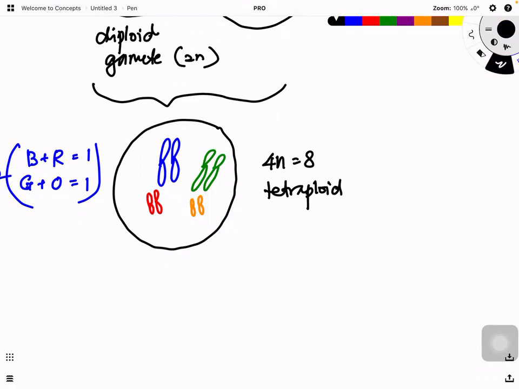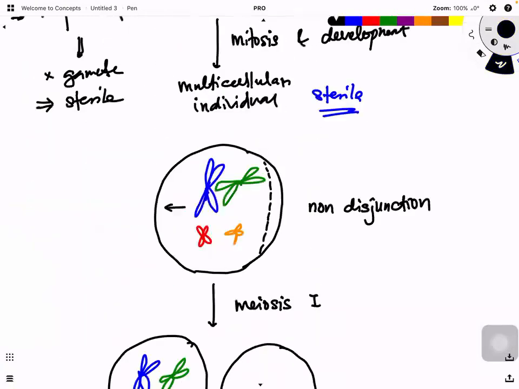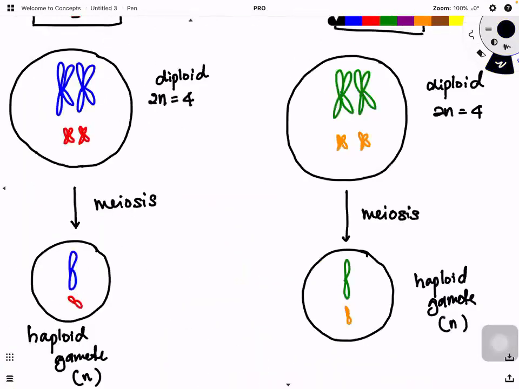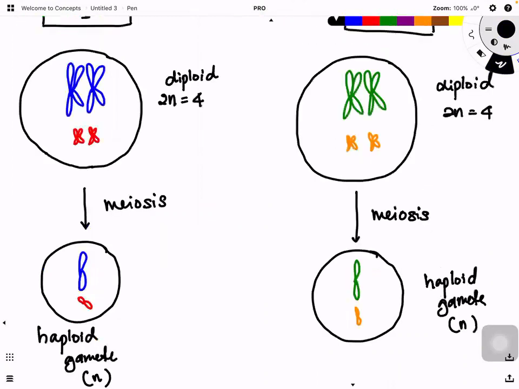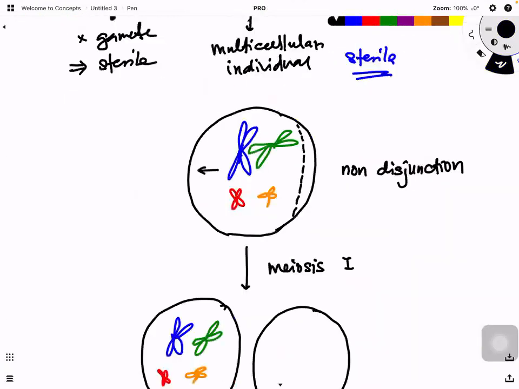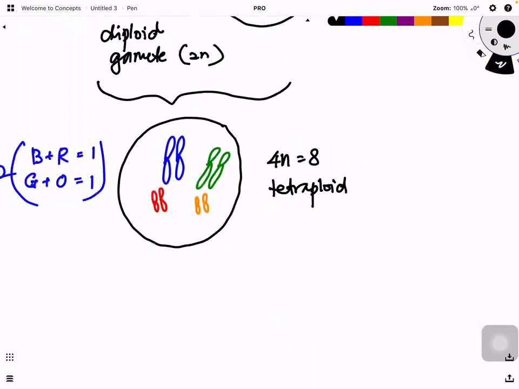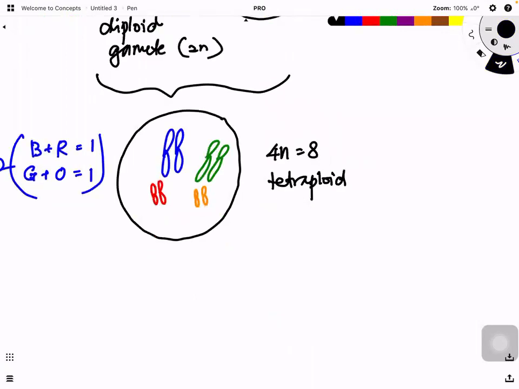Now this tetraploid, if you look at it again from the top, they are from 2 different species: blue and red from species 1, green and orange from species 2. Therefore, this kind of tetraploid is termed allo. Allo means different parents. Allotetraploid. And if you look at the structure of the chromosomes, blue can pair with blue, red can pair with red, green can pair with green, orange can pair with orange.